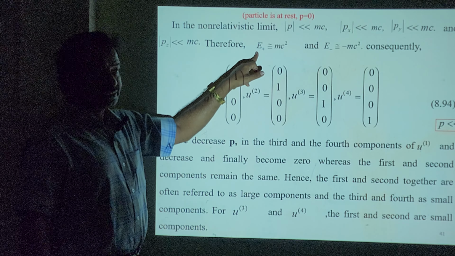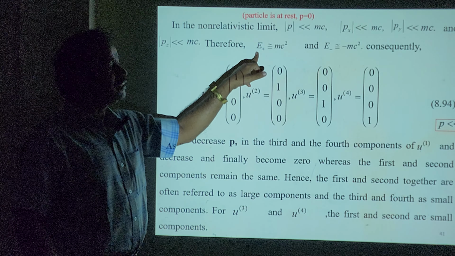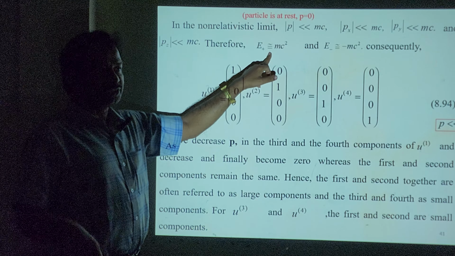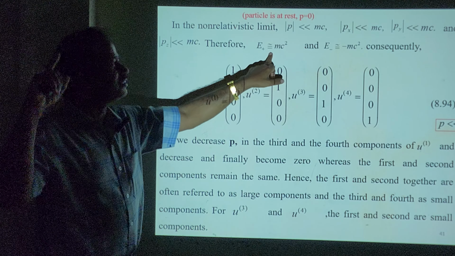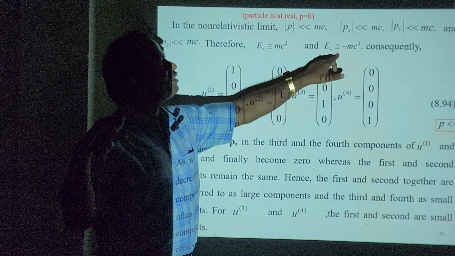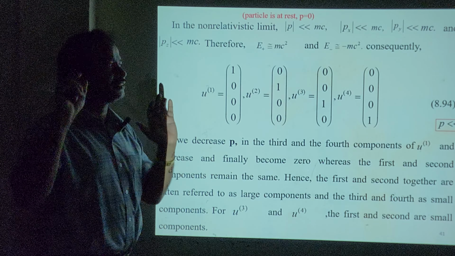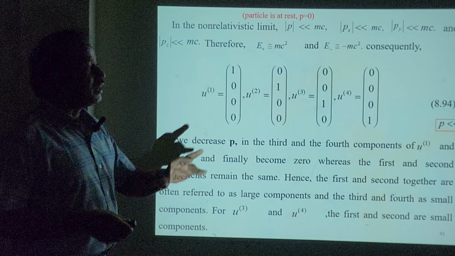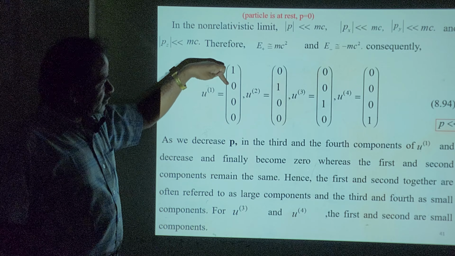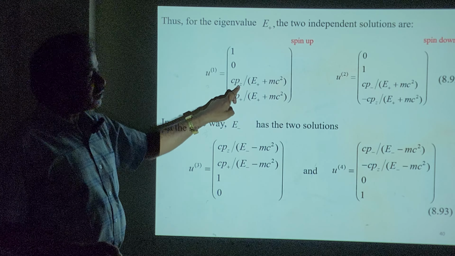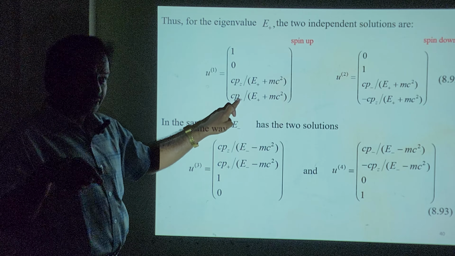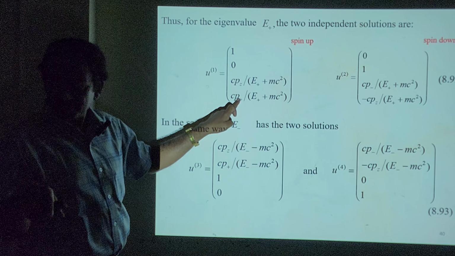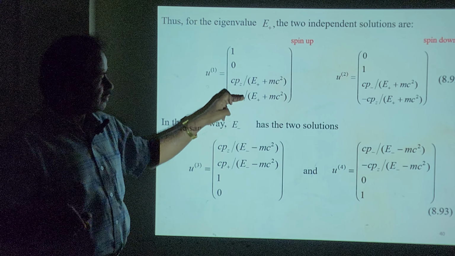Therefore, at that condition, E plus becomes almost equal to m naught c square, the rest mass energy, and E minus will be minus m naught c square, the rest mass energy. At that time we will have 1 instead of this, because this becomes 0. P tends to 0 for the non-relativistic case, so this becomes 0.